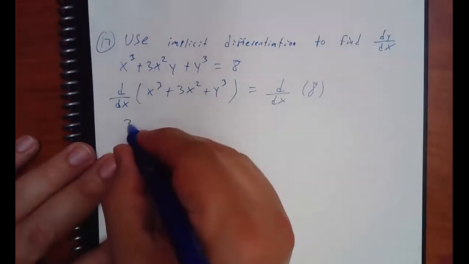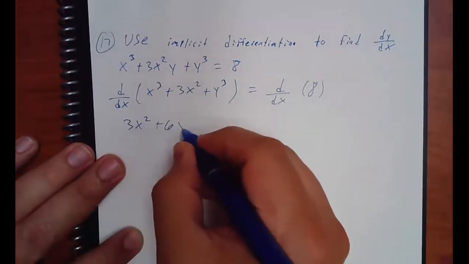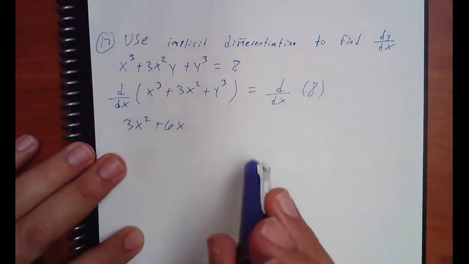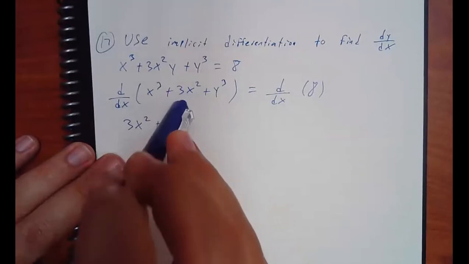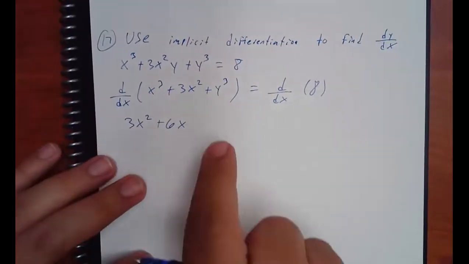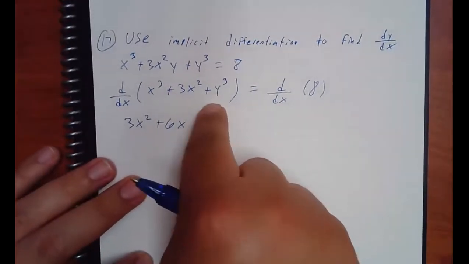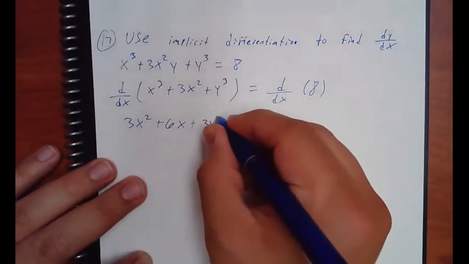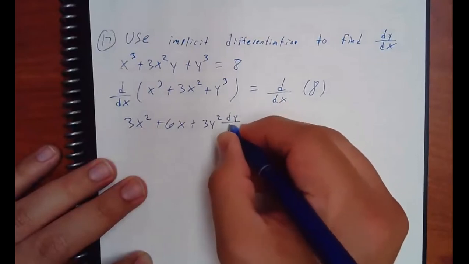So that'll be 3x squared plus 6x. So the x's are done the same way you've always done them. But when you do a derivative of a y with respect to x, you have to tack on the dy/dx.